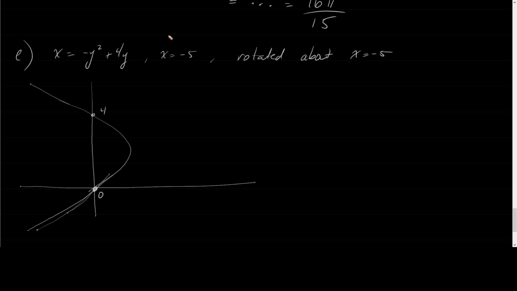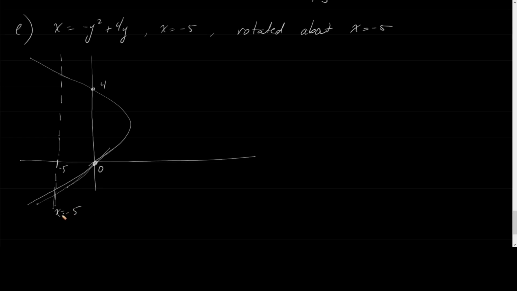And I have this line x equals negative 5. Let's say that this is it. That's the line x equals negative 5, right? And in here, what we're doing is we're rotating this entire region here around that axis, negative 5.